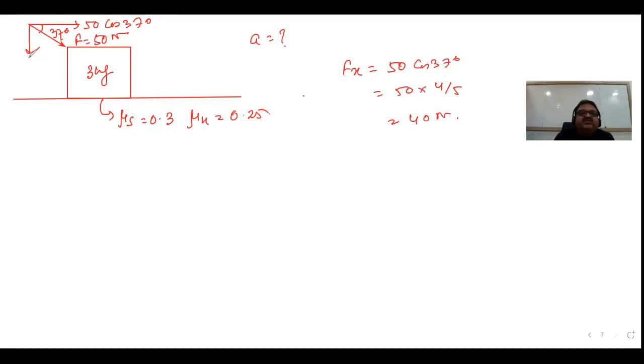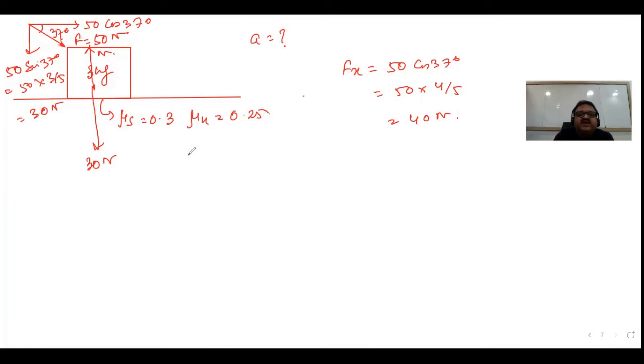What will be the value of this portion? This will be equal to 50 sine 37, the y component. 50 sine 37 is 3 by 5, and this is equal to 30 Newton. Now a 3 kg mass, so 30 Newton force acts downward, and the normal reaction acts upward. So let's start doing the calculation for limiting friction, correct?